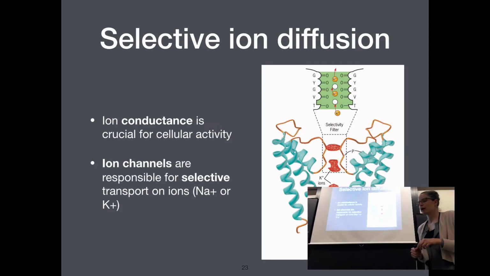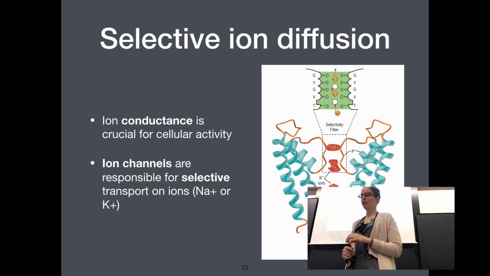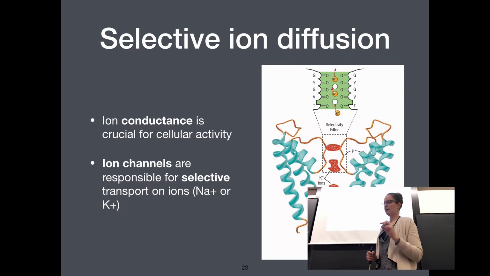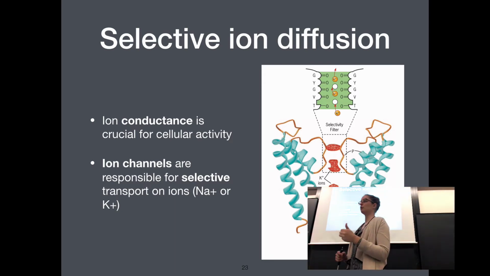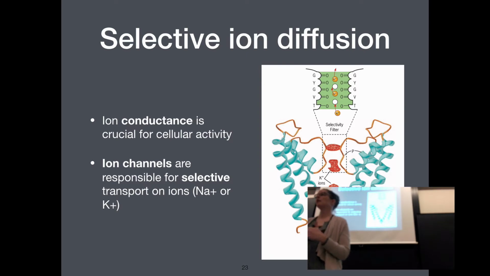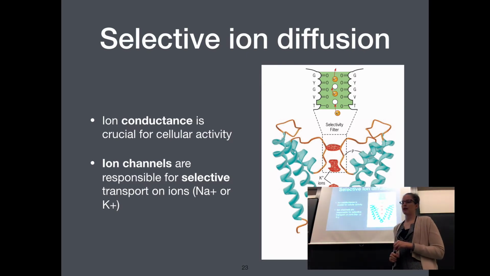So that was water. Now I'm going to talk about ion diffusion, and the reason is that ions are really important for physiological function. Specifically, they are the way electricity is transported in biological media. All the excitable cells, which means neurons, muscles, heart cells, anything that needs electricity to function, is able to do so because ions get transported.